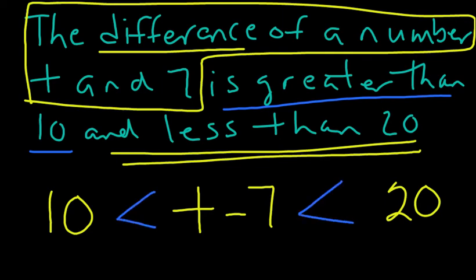Also, an important thing to know, these two signs always point the same direction. Okay, this is bigger than this. So that means this is less than this, and this is less than this.